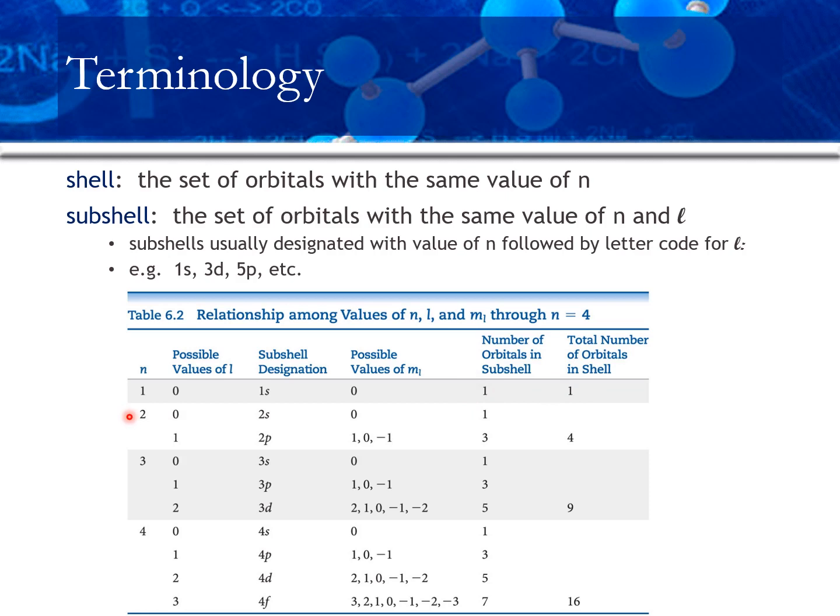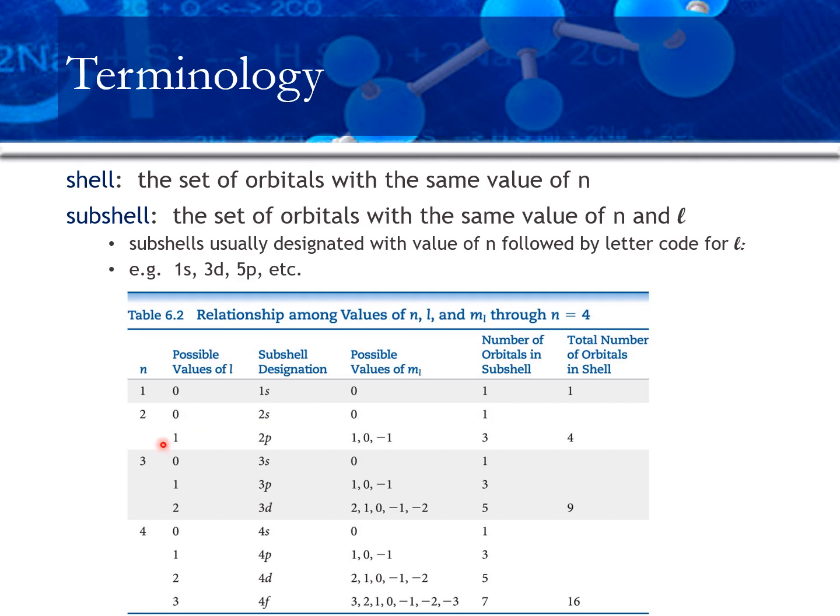If n is 2, L could be 0 or L could be 1. There's 2 possibilities. If it's 0, it's called a 2s subshell. If it's 1, it's called a 2p subshell. If L is 0, m sub L can only be 0, so there's only one orbital in that subshell.